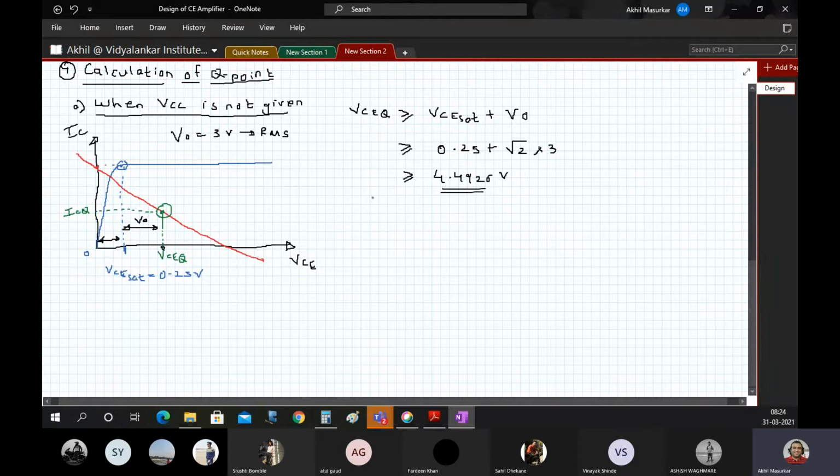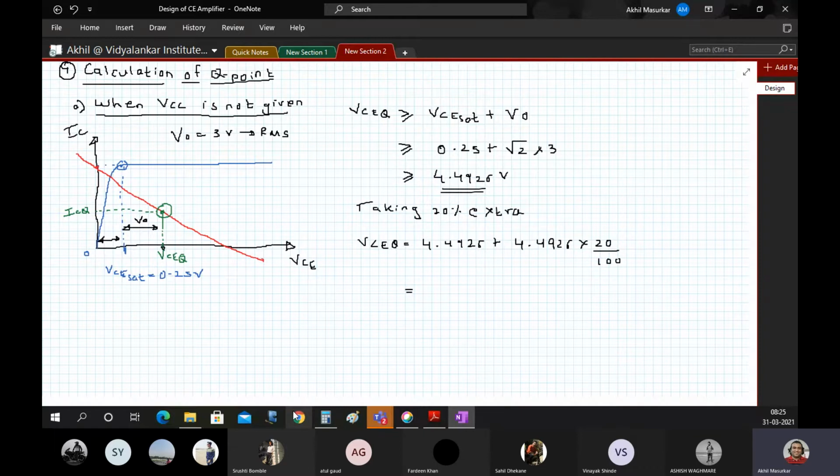So that is why we say take 20% extra. Taking 20% extra, VCEQ will be 4.4926 plus 20% extra of 4.4926, that is 20 upon 100. So please tell me what is this value. Yes, Vinayak, value is correct.